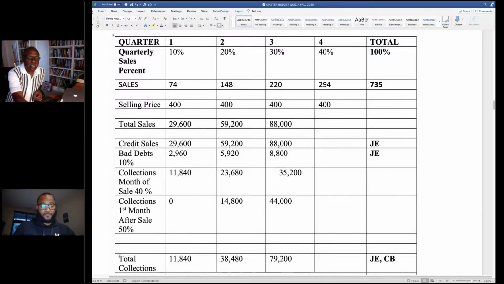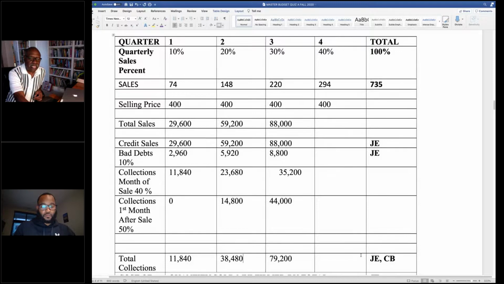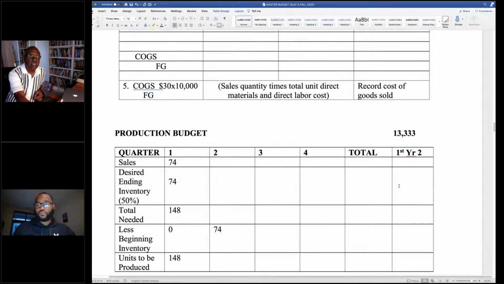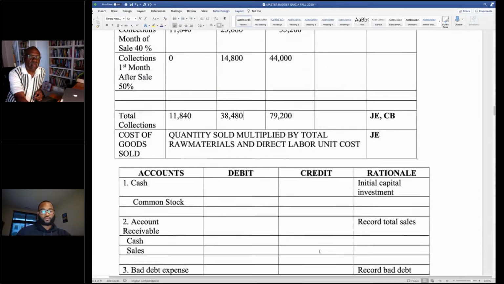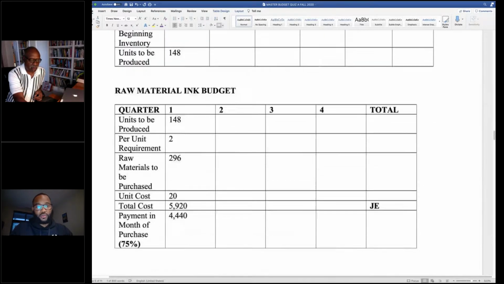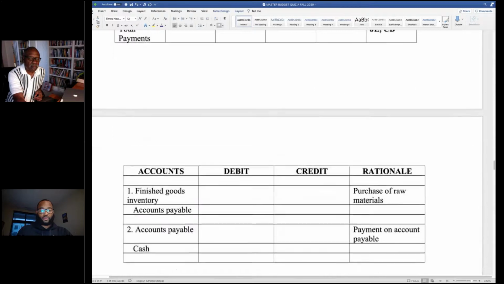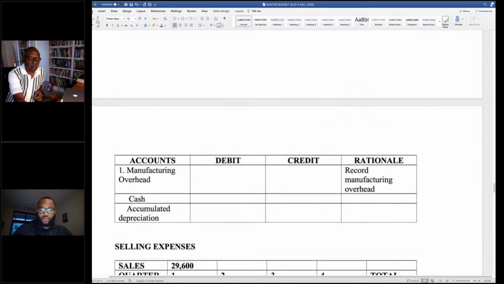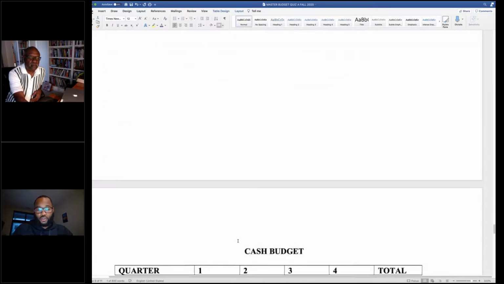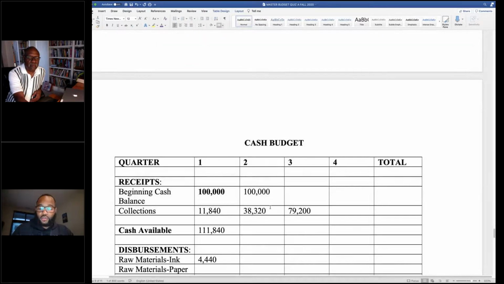Then we just simply take that down. Type it. Paste it in here. It doesn't matter that much.